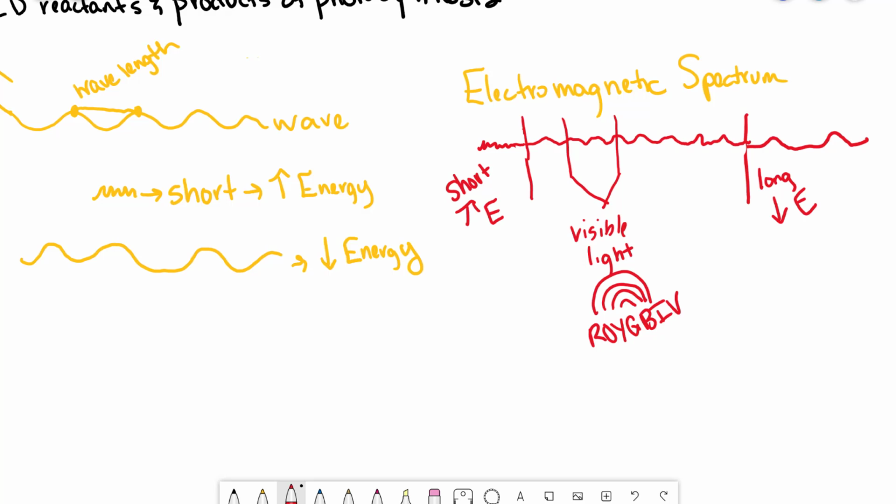Now, what we see is what is reflected. So if we see green, what's being absorbed is red, blue, yellow, all those other colors, right? And we are getting green reflected back to us.